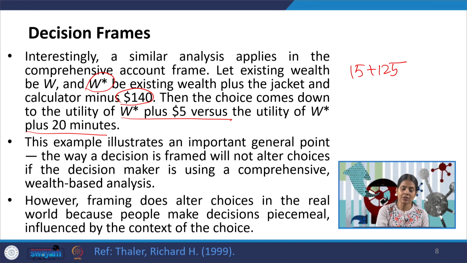However, framing does alter choices in the real world because people make decisions piecemeal, influenced by the context of the choice. So, context plays a major role, as a result of which people think that saving $5 on $15 implies you are basically saving 30%, 33% of your total expenditure, but saving $5 out of $125 is actually a very minuscule percent, as a result of which you may let go of it.